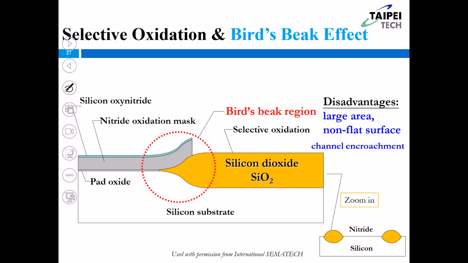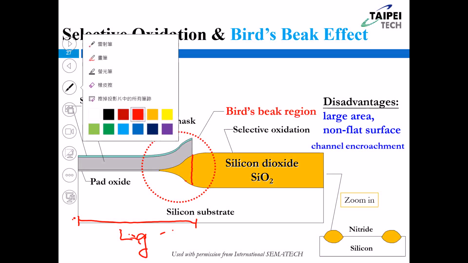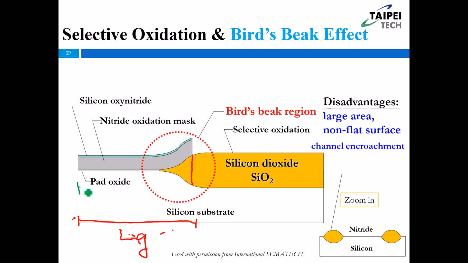So right now we have the lateral growth. Originally, the gate length is here, right? We want the transistor space to be very large. But when we have the lateral growth, the gate length becomes here.